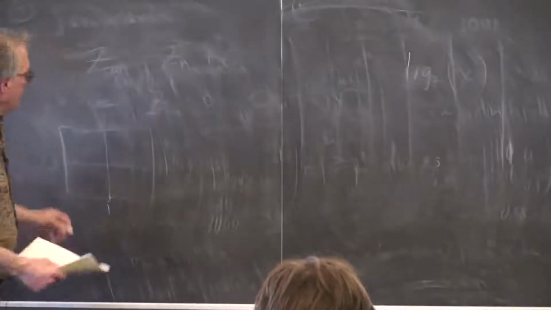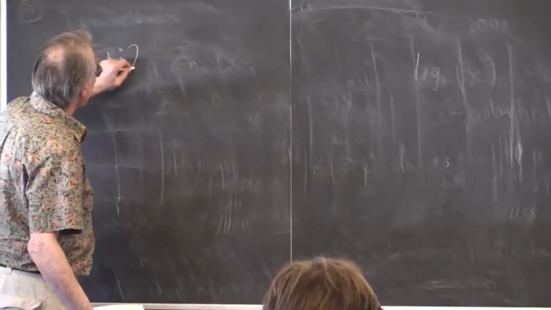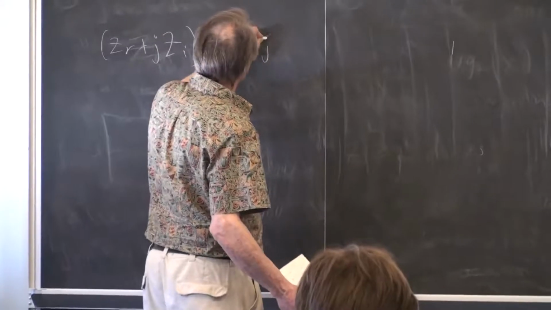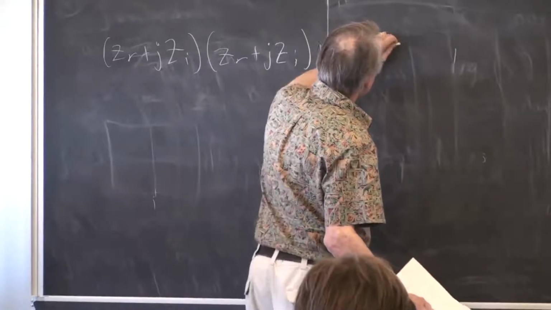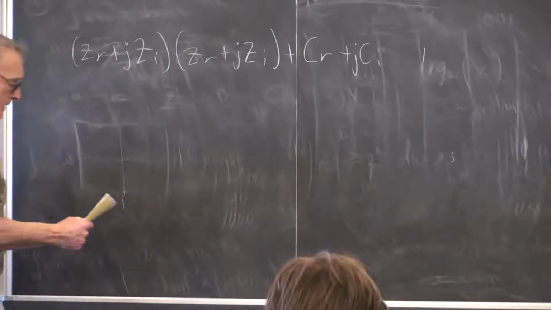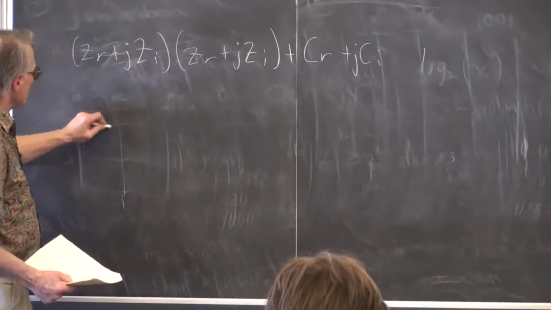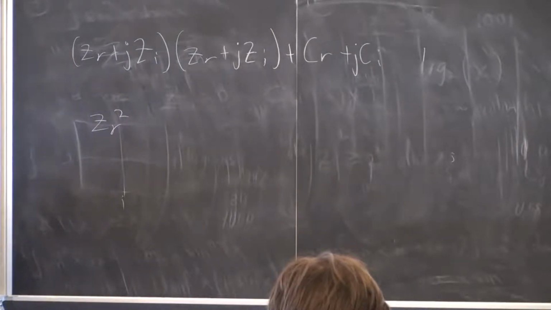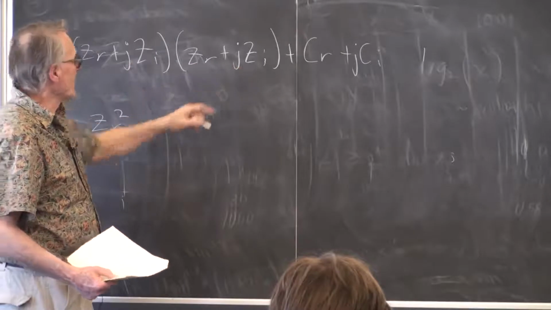So what you're going to be calculating is Z real plus, let's call it J times Zi, times Z real plus J times Zi, plus C real plus C imaginary times J. And you crank all that out and you get that the real part of this is the real times the real, so it's ZR squared, and then you multiply these two together, and because they have J in front of them, you get a negative sign.